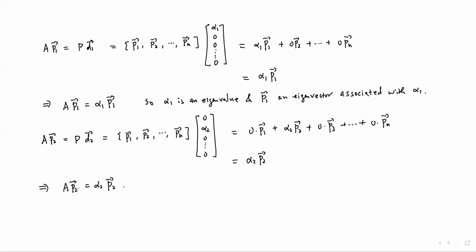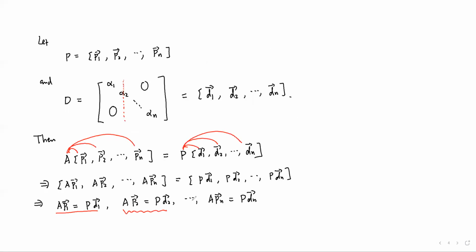Whenever this equation is true, alpha 2 is an eigenvalue and P2 an eigenvector, associated with the eigenvalue alpha 2. Do the same with the remaining equations.